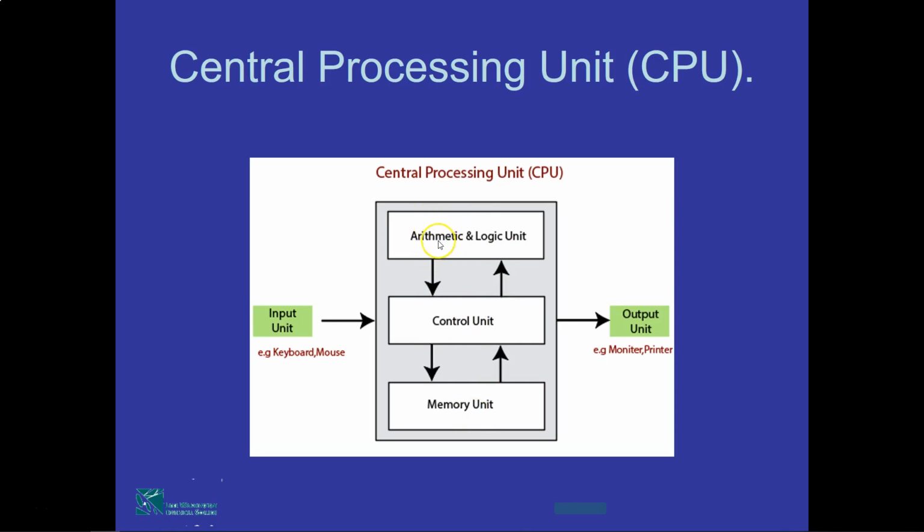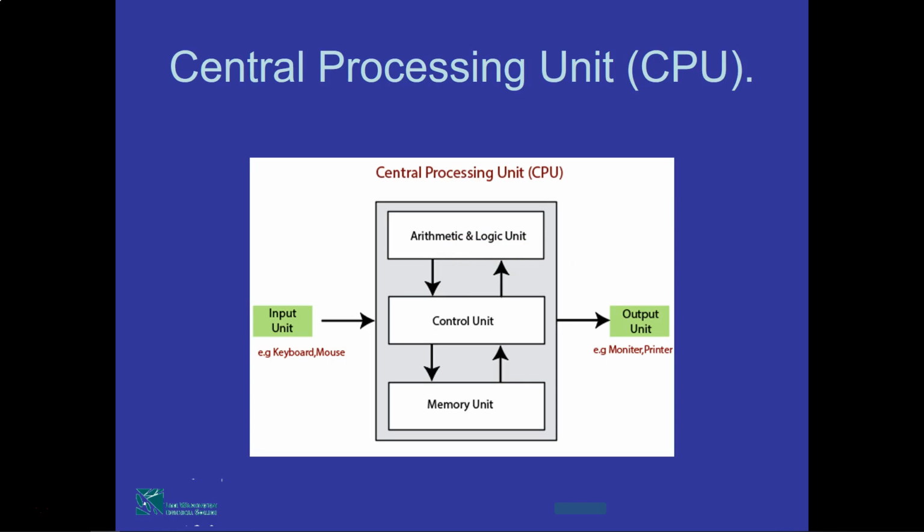So now coming to the arithmetic logic unit, which is also called ALU. This unit basically consists of two subsections, which you can see here: arithmetic, and the other one is the logic section. The arithmetic section's function is to perform arithmetic operations like subtraction, addition, multiplication, and division.